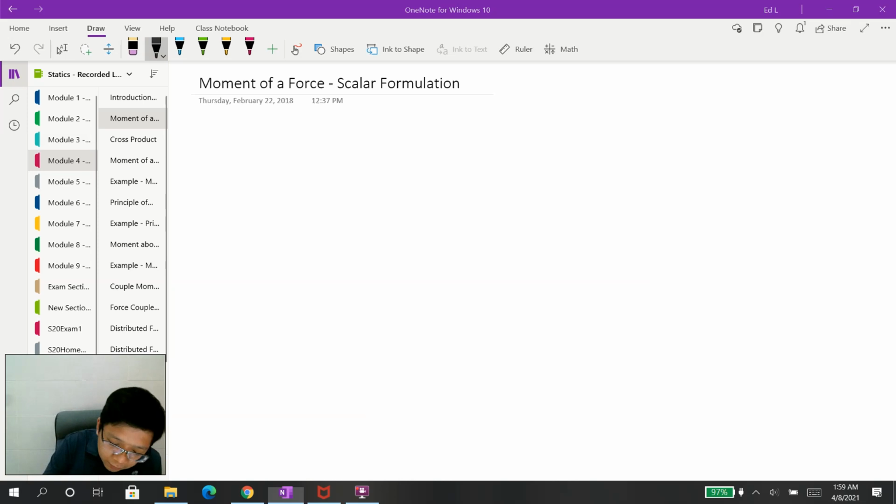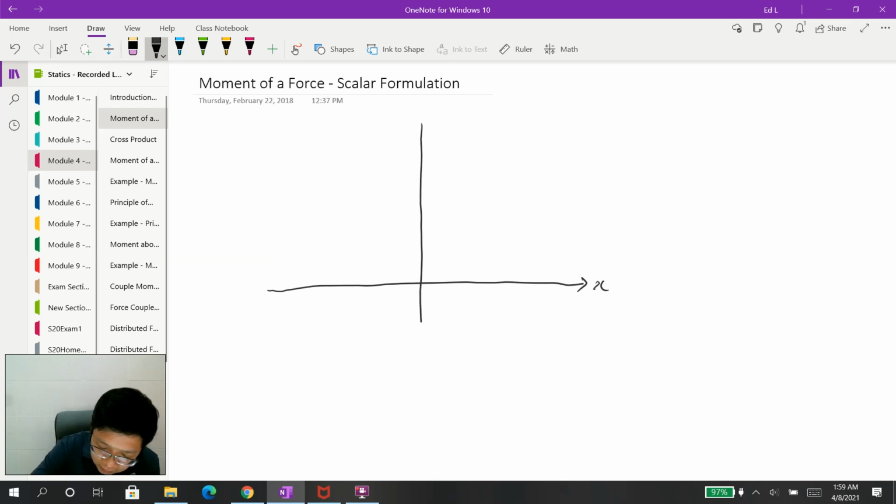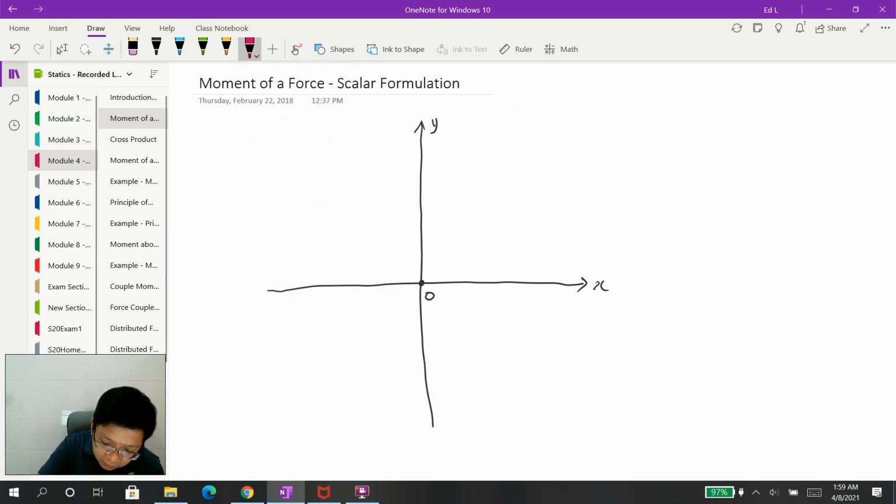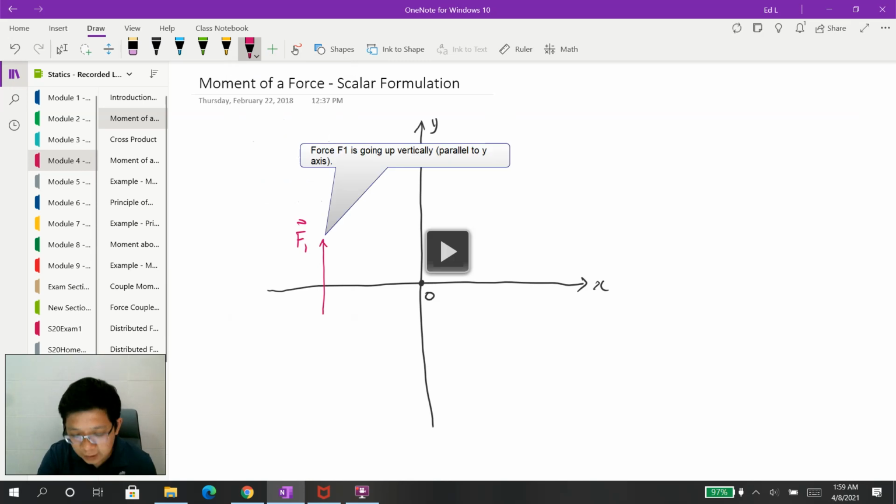So let's assume that we have x and y axes. That is our x-axis and that is our y-axis, and we have a reference point O about which we are going to calculate the moment. Let's say that right here we have our first force, which is F1.